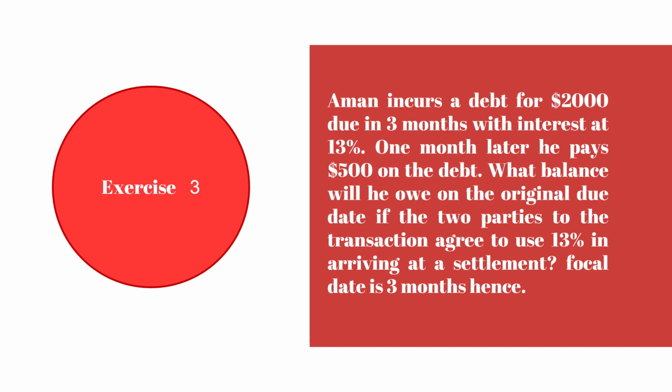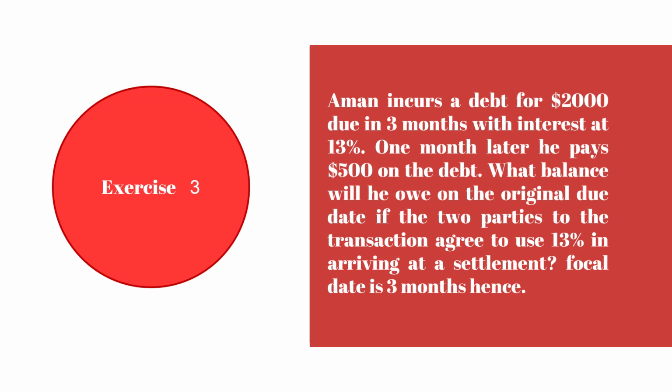In this example, the original debt is $2,000. Now, the debtor will pay the original debt after 3 months. So the first step is to get the amount of $2,000 after 3 months.